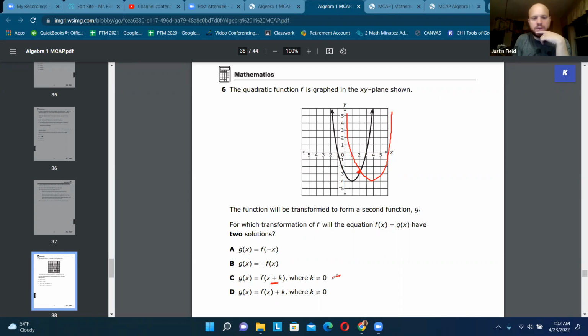And if we shift it up, which is D, then they do intersect twice, but not at the x-axis, which is the solutions, right? The solutions are the x-intercepts, the solutions to an equation. And that's what they're asking about. So the answer is B.